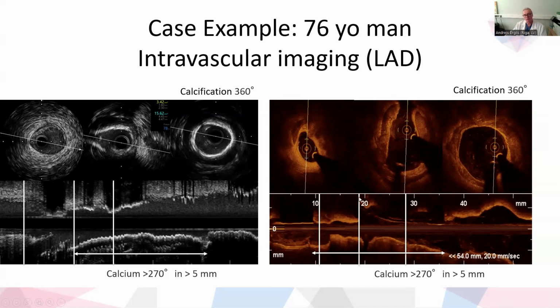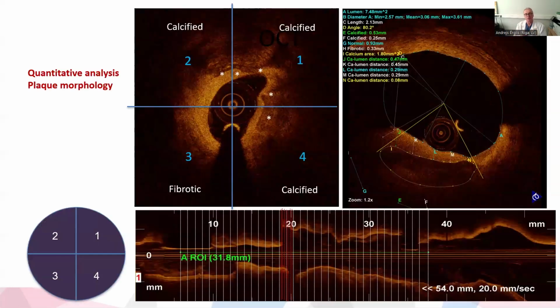It's mostly because of research. And then you see calcification of 360 degrees, the same you see also by OCT, and also the length of this, and then we can analyze it. There was a very good PhD job done by Professor Andrejs, who also helped me prepare this presentation.